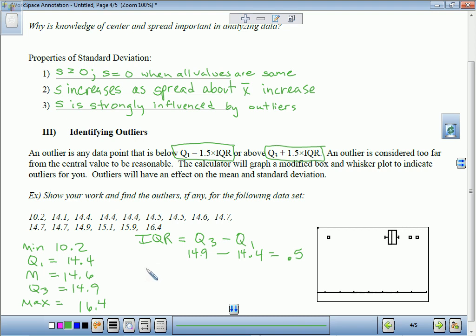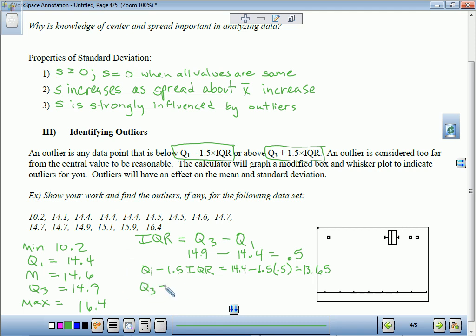So to see if we have any outliers, we would do Q1 minus 1.5 IQR and see if any of the data lies below that. So in this case, it would be 14.4 minus 1.5 times 0.5. That value is 13.65. Do any pieces of data lie below that? Yes. So we have outliers.